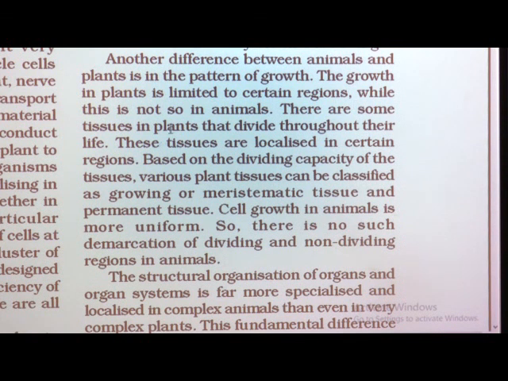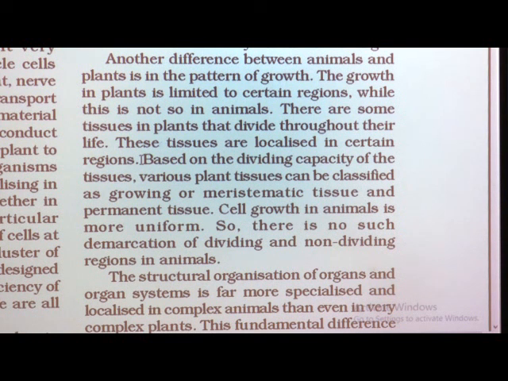There are some tissues in plants that divide throughout their life. These tissues are localized in certain regions. So, in plants we find dividing tissues. They are called meristematic tissues, and these meristematic tissues are found in certain regions. Mainly they are found in the tip of shoot and tip of roots.